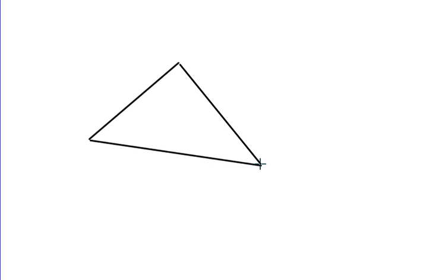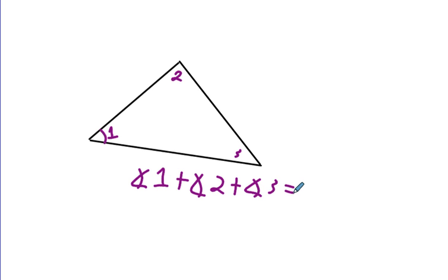We already know that if we add the interior angles of a triangle, so angle 1 plus angle 2 plus angle 3, that equals 180 degrees. That's for any size, any shape triangle.